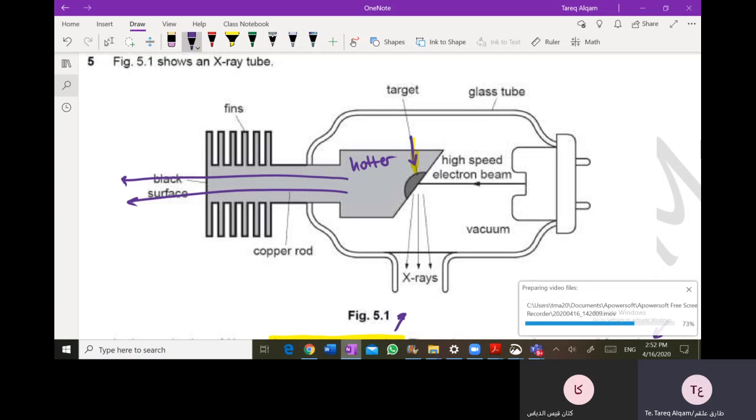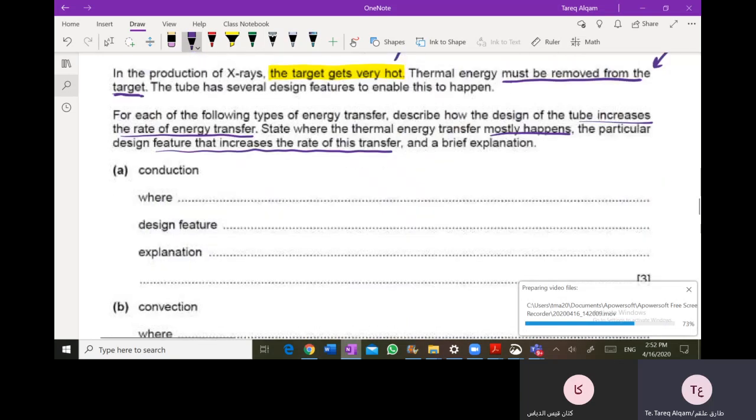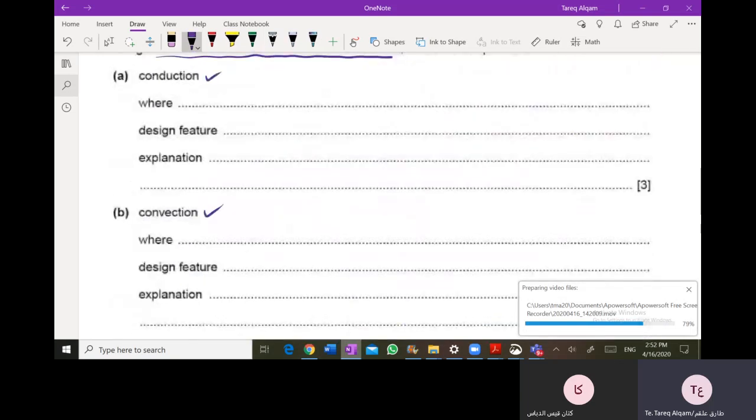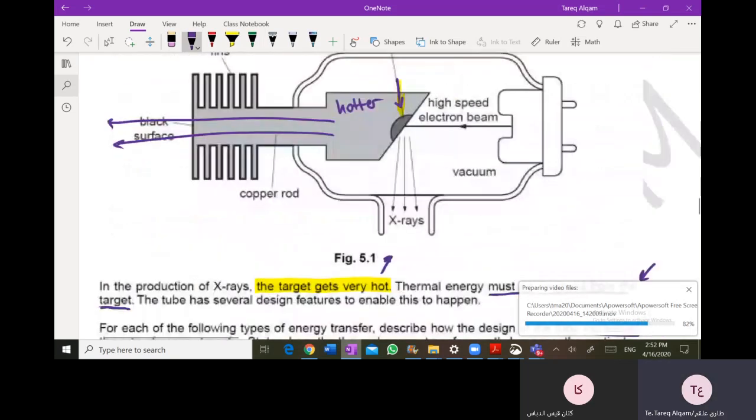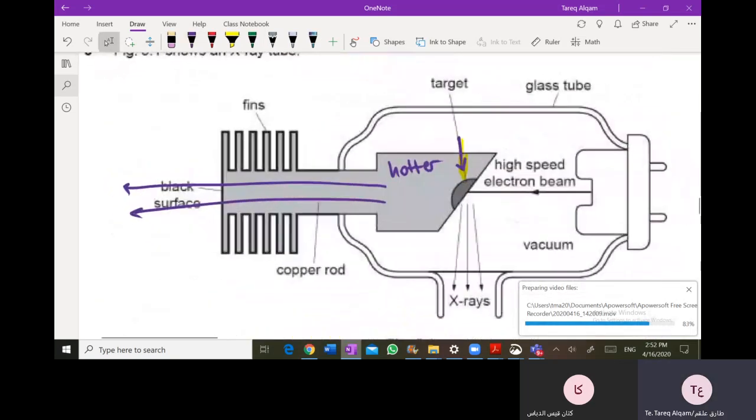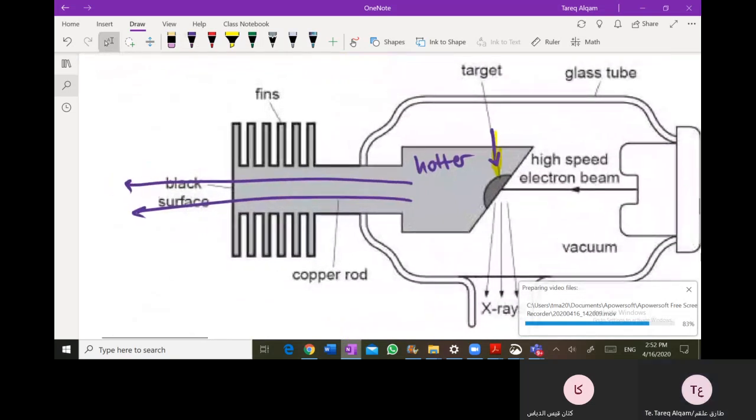Here we have several ways to transfer this energy: conduction, convection, and radiation. Conduction: where can conduction take place? Look at the design. What is this? This is a copper rod, right?